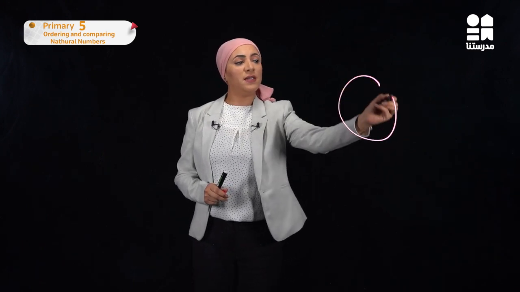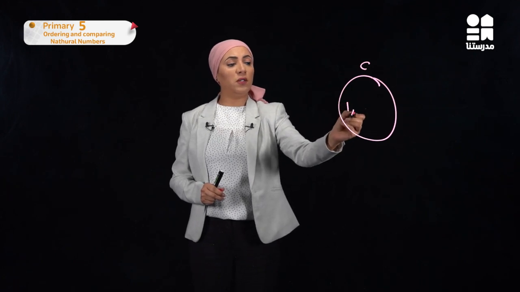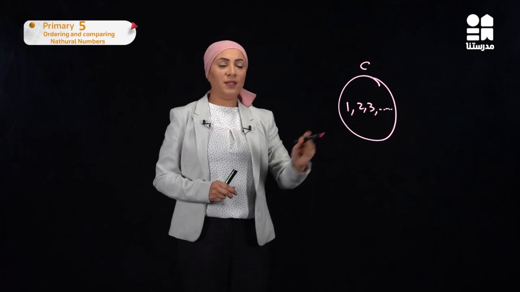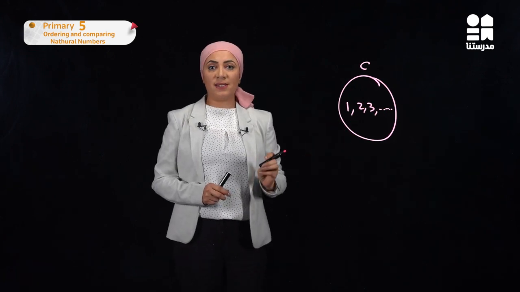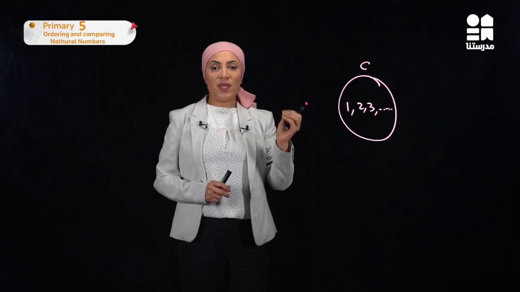Okay, dear fellows, now I will let you see how the set of natural numbers and counting numbers look. This is the set of counting numbers, so it is 1, 2, 3, and so on. This is, as we said, the set of counting numbers where I count things with.